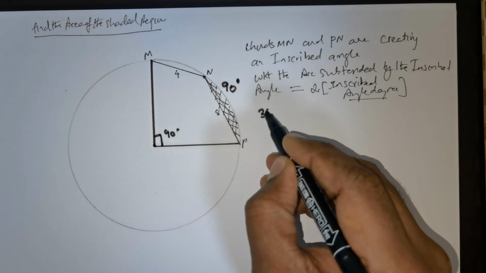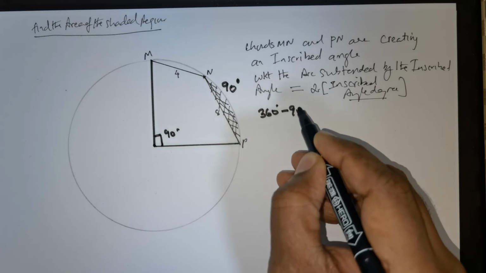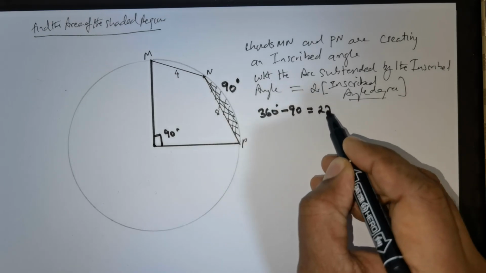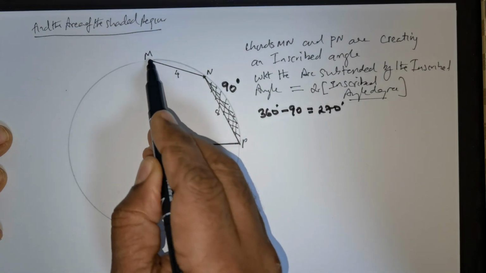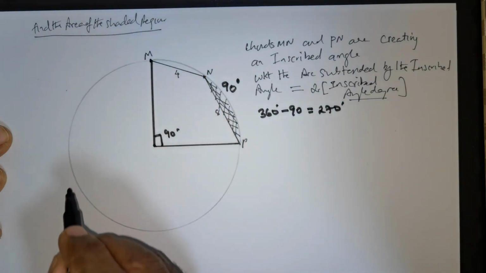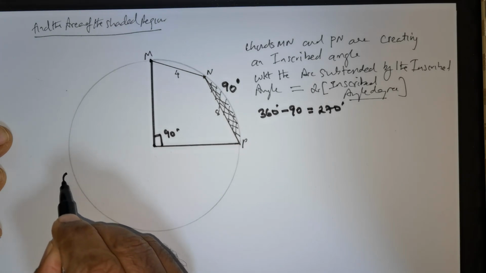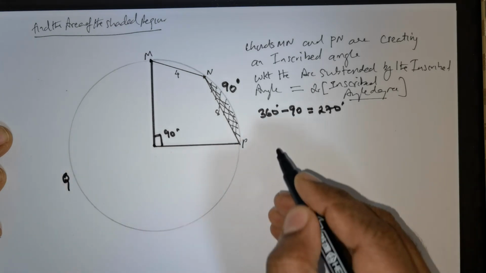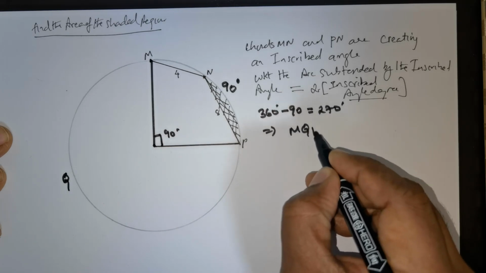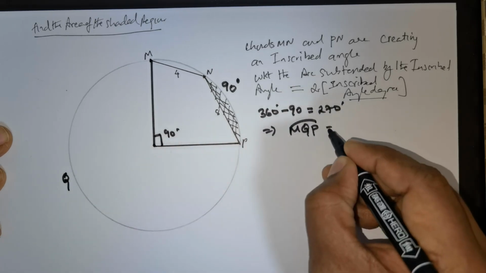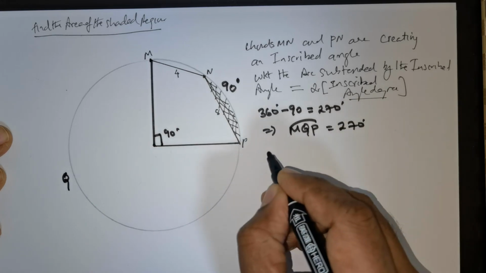So 360 degrees minus 90 is going to give me 270 degrees. That would mean this arc from M, maybe I will place an intermediate point Q, so I can state here as MQP. Arc MQP is equal to 270.